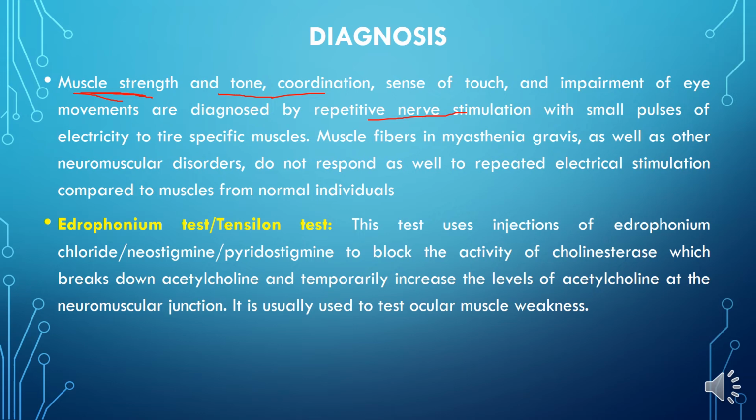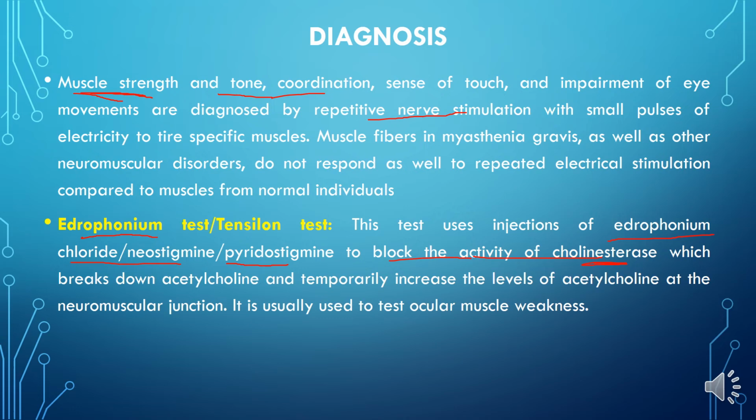Another very important and well-known test is the edrophonium test, where we give an injection of edrophonium chloride or neostigmine or pyridostigmine. All these, what they do is that they block the activity of cholinesterase, and we know that cholinesterase is responsible for breakdown of acetylcholine.